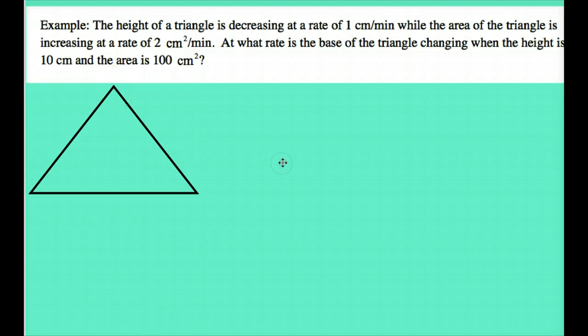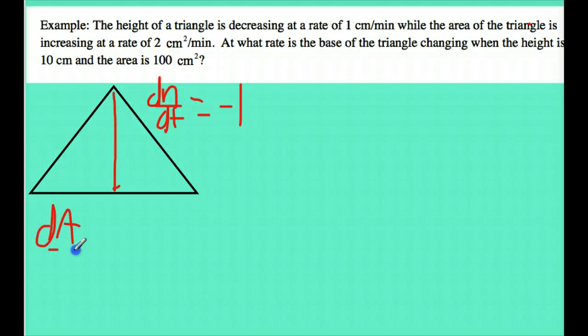So let's label some of these. It says the height is decreasing. So I know the rate of the height is decreasing, so let's call it dh dt. It's decreasing, so that's a -1. It says the area though, so dA dt is increasing at 2 centimeters squared per minute.